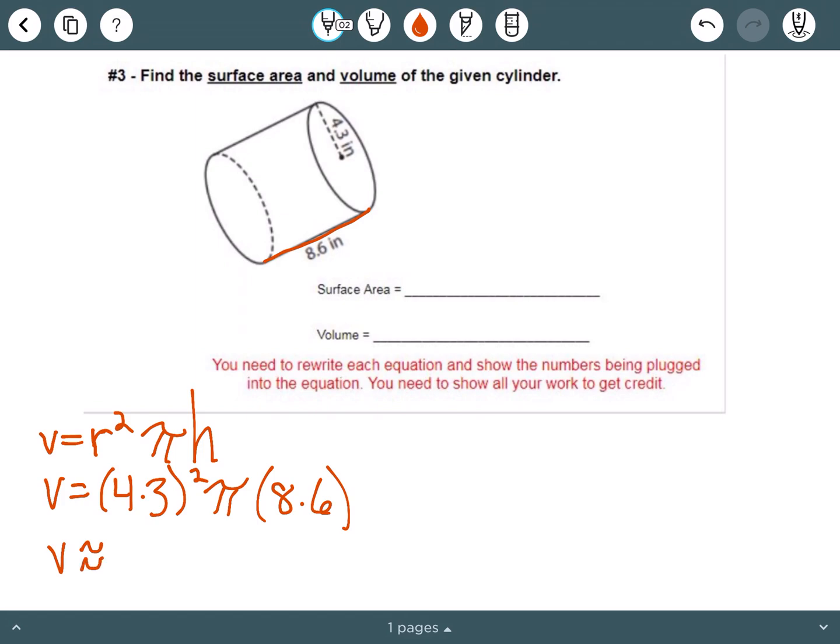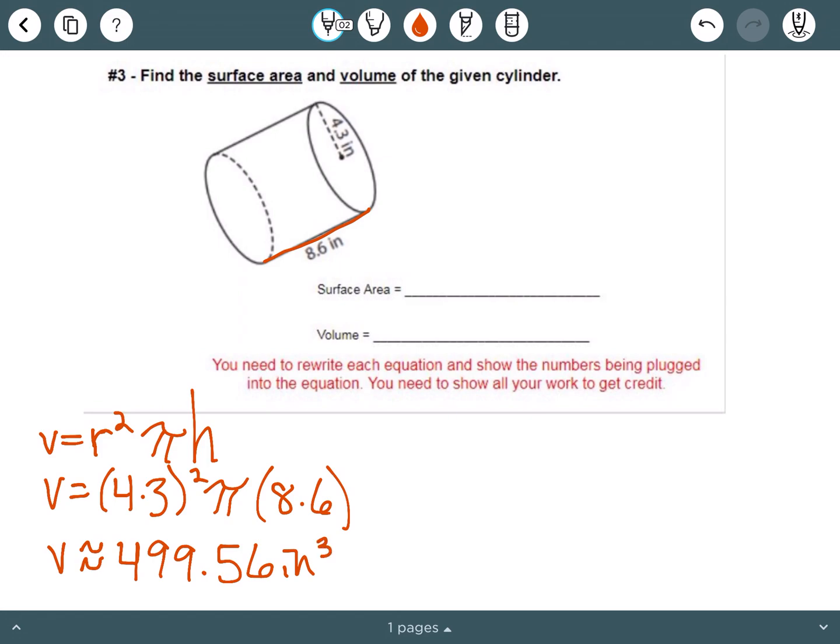So that's going to give us a decimal approximation. We want to use that squiggly equal sign because it's not exact, and it gives us 499.56 inches.